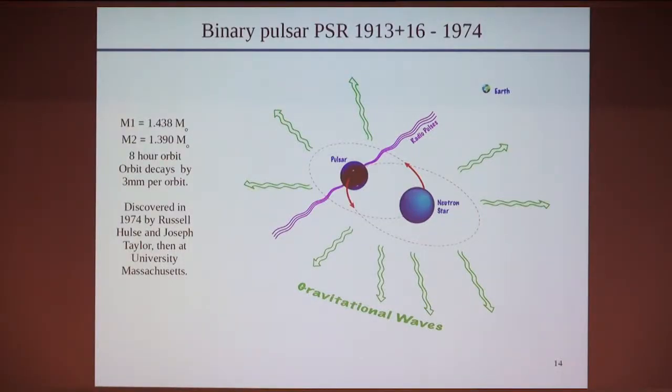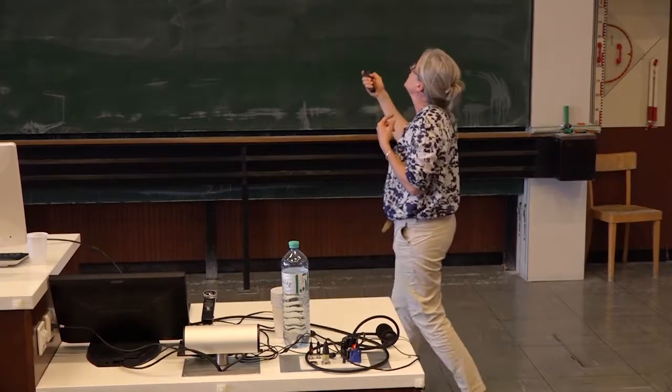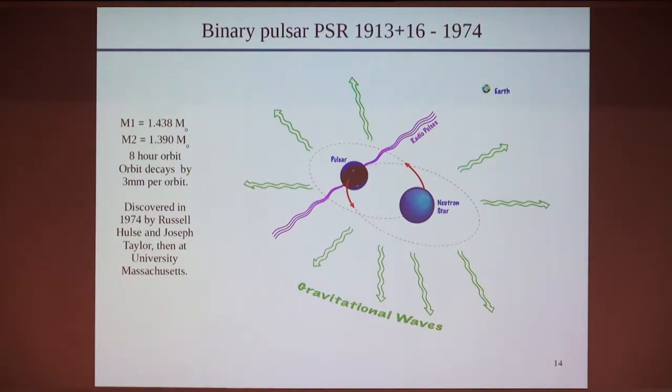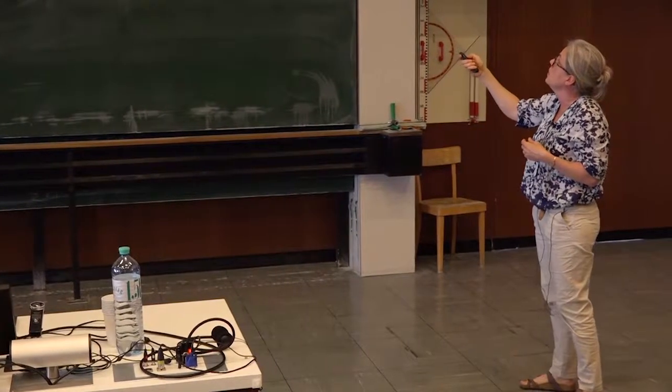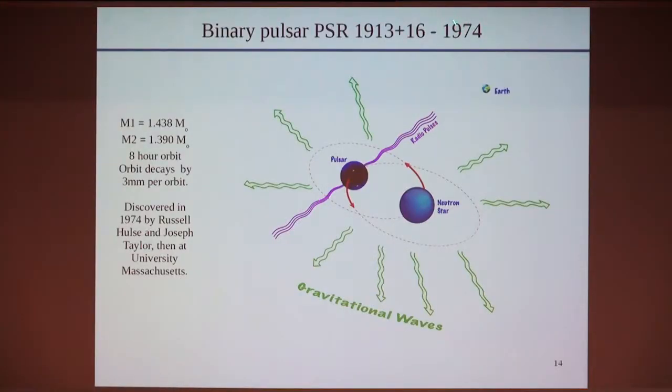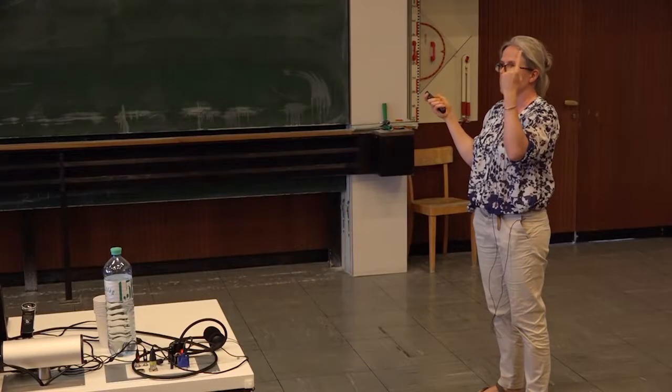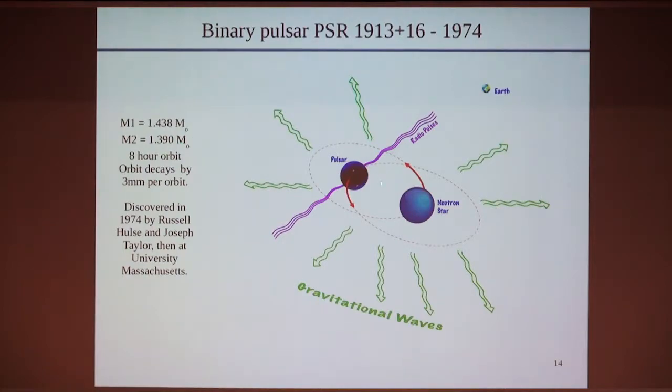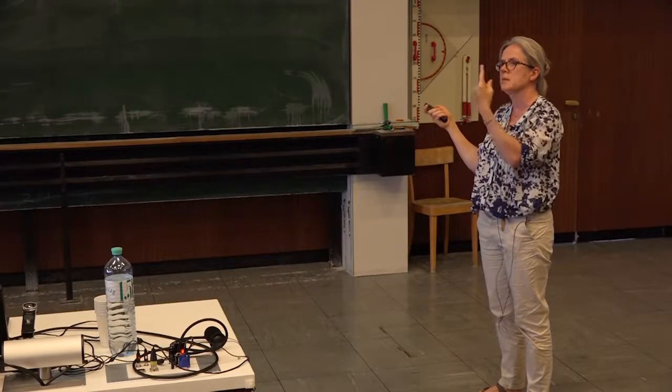One source which is very important, and actually another date which is very important in the history of the experimental detection attempts, is the discovery of the first binary pulsar in 1974. It was observed by Russell Hulse and Joe Taylor. What they observed was one pulsar, and then they realized quickly that there was something weird with the timing of the pulses they were receiving.